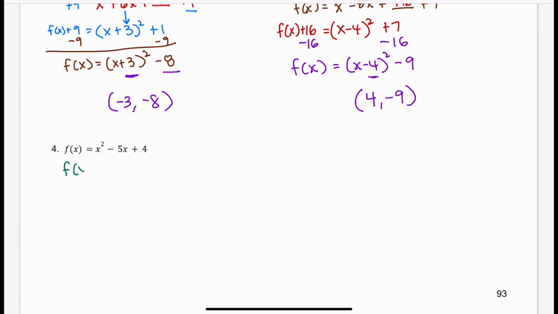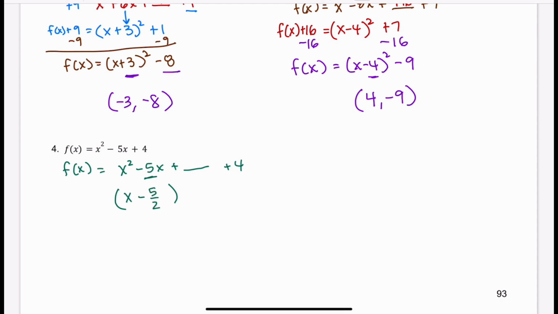Okay, number 4 is actually a harder problem. The reason it's harder is because we have an odd number as our middle number here. But it still works the same way. We're going to take our x and our -5 and cut it in half. So I have -5 over 2.